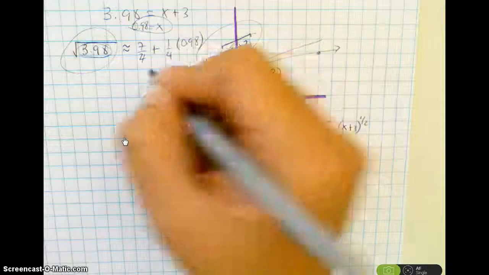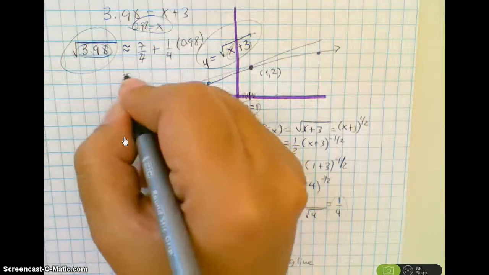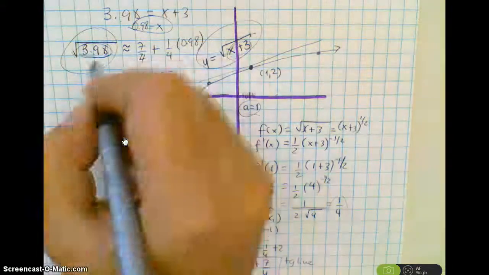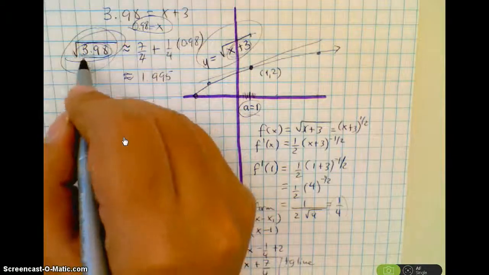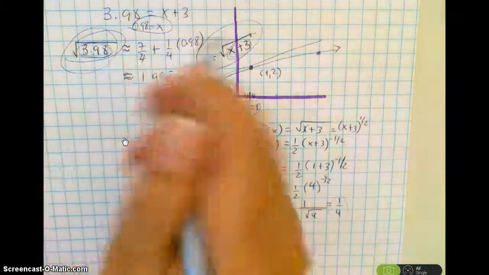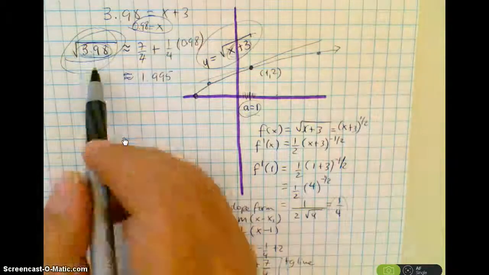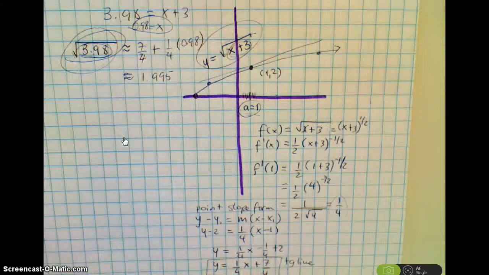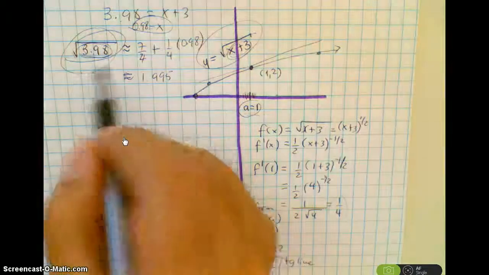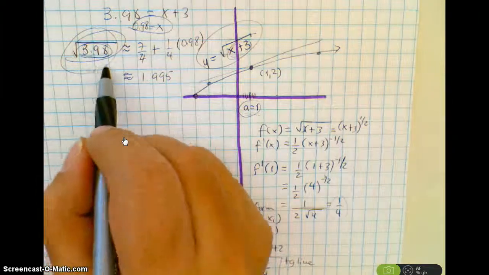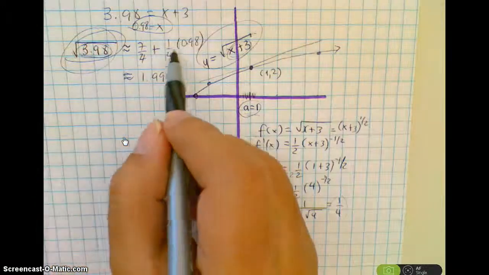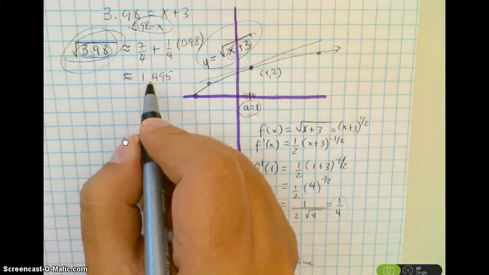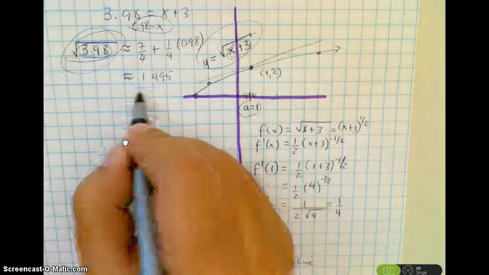So when you do that out, you get 1.995, which is pretty cool because you have made an approximation of a square root that without a calculator you weren't able to do. I mean, manually it's a very hard problem to do. It's worse than long division. So this is something that can be done manually without a calculator in case the world ends or something like that, that you can approximate.